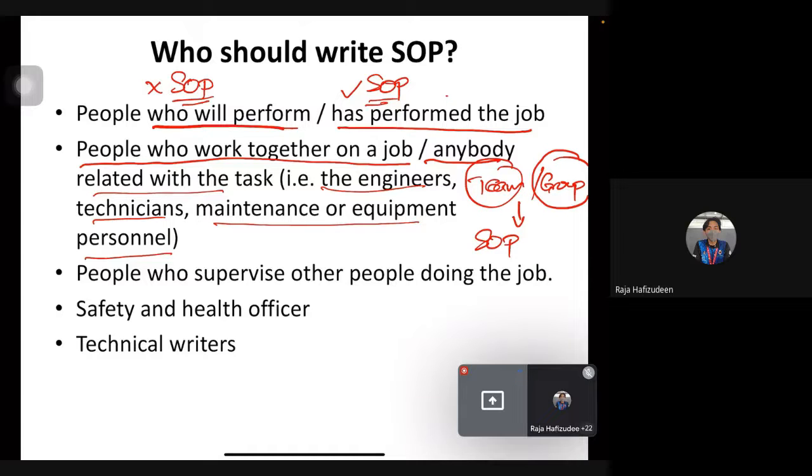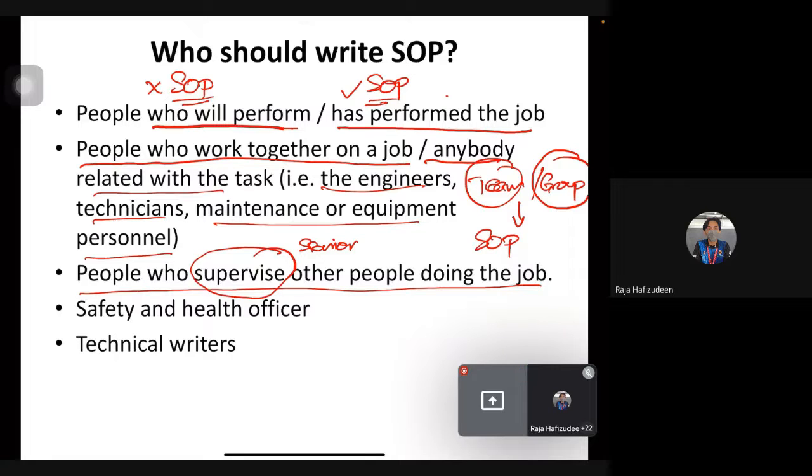For people who supervise other people doing the job, supervise here means that if you are the superior or the senior and you want to observe your junior, your subordinate, at work, then you're going to create the SOP so that they can follow or perform the task accordingly.